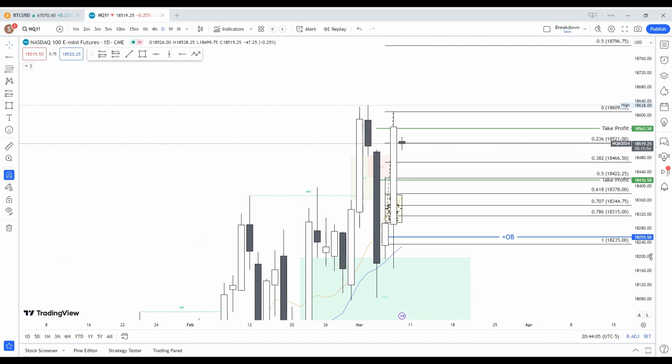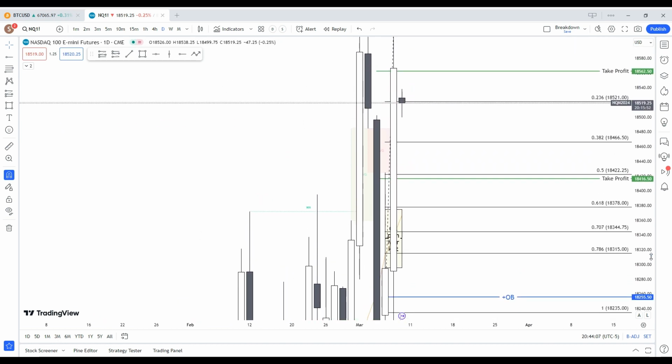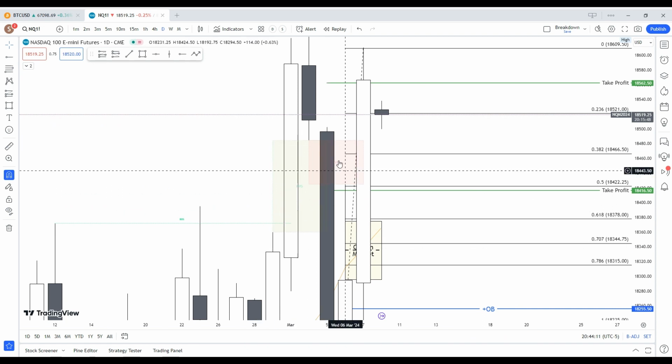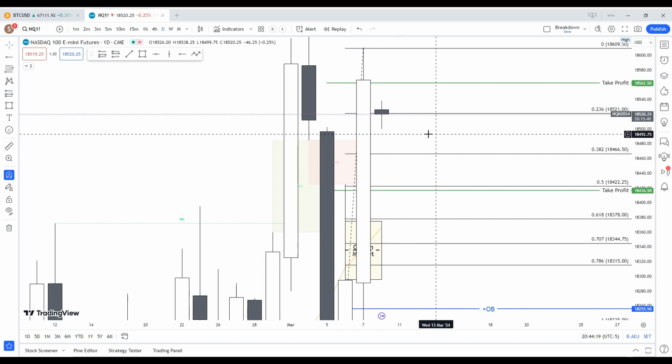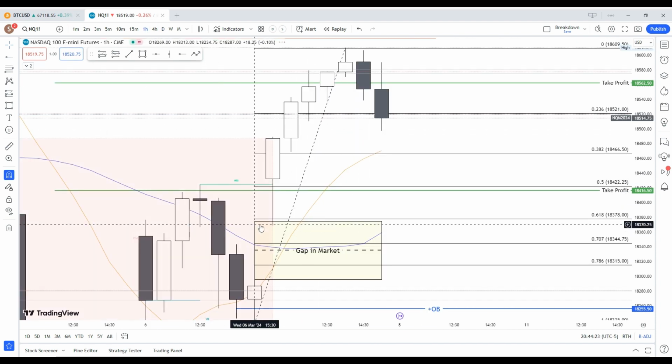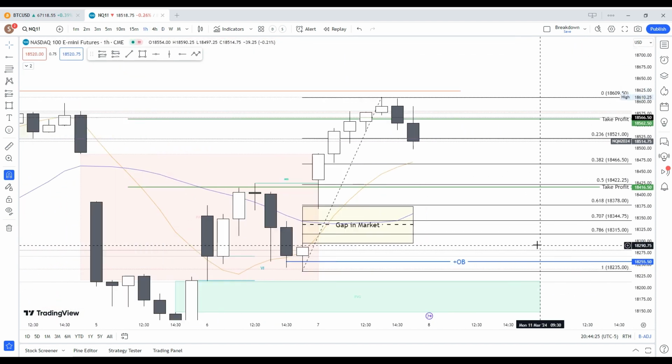Okay, so you can see here, bullish daily, bearish daily. That was the inverse, right? We're back above it. That's very bullish.